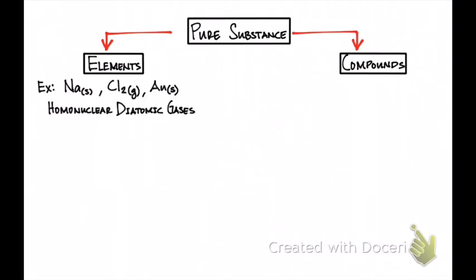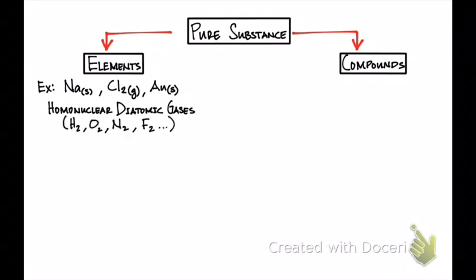Elements are basically the simplest building blocks of matter, right? You have sodium, for example, you have chlorine gas, you have gold, silver, so on and so forth. Basically, all the elements in the periodic table, those are elements that we know exist. And you can also consider homonuclear diatomic gases as pure elements.